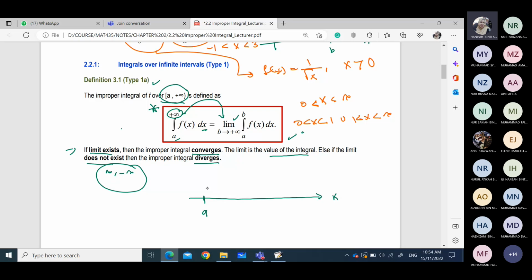So the values of x are from a and go to infinity. The values keep increasing and moving until they go to infinity. So it means there is no boundary. Okay. Alright, that is one. Second, how do we solve a problem involving infinity like this? How to solve it?